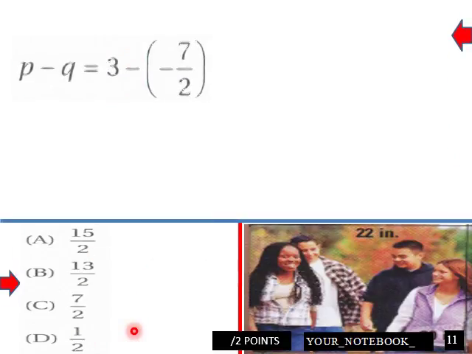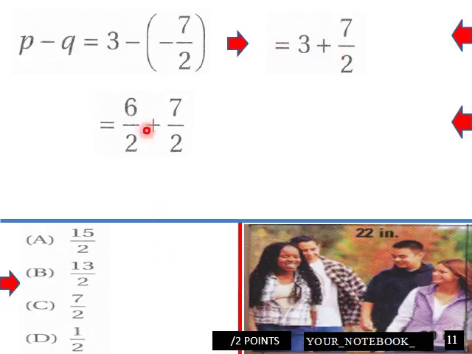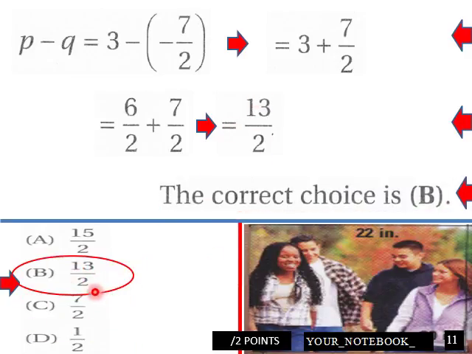Then we compare: p minus q equals 3 minus negative 7 over 2. This would equal 3 plus 7 over 2, equals 6 over 2 plus 7 over 2 equals 13 over 2. So it would be B. Correct choice is B here.